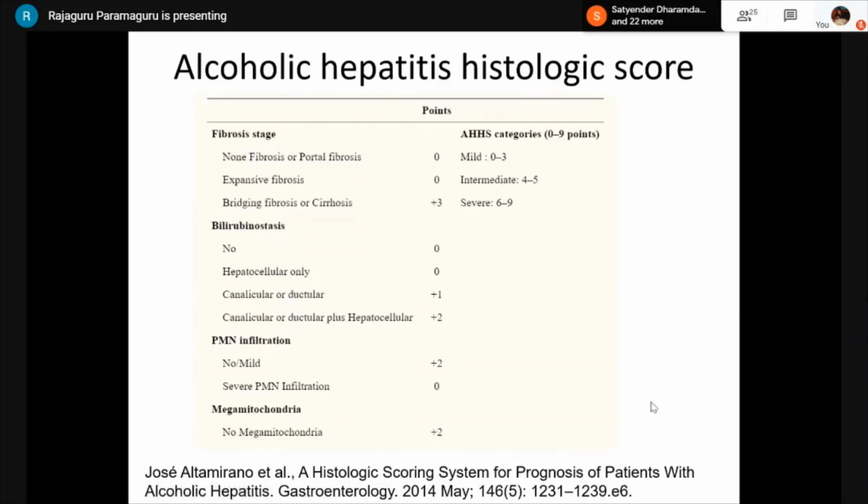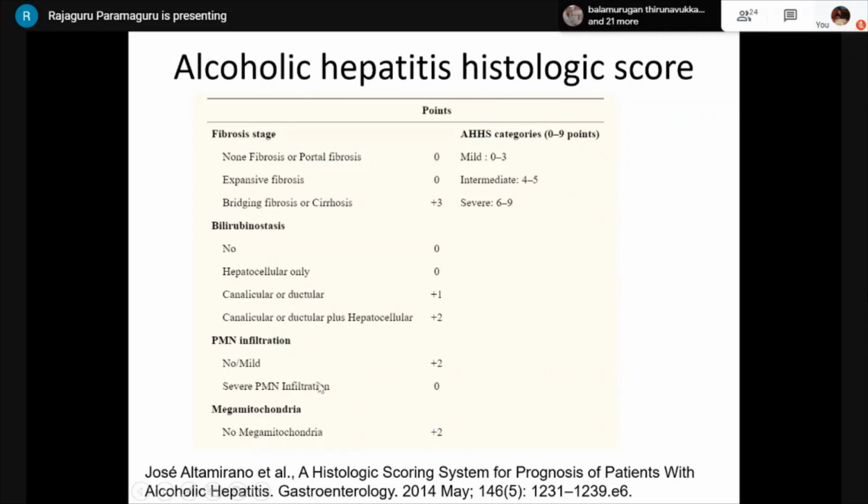Then there is a scoring for alcoholic hepatitis also, but most of the clinicians don't prefer using this. But what they have found out is that they have used scoring for fibrosis, bilirubinostasis, that is cholestasis, neutrophilic infiltration, and megamitochondria. If there is no megamitochondria, it means bad prognosis.